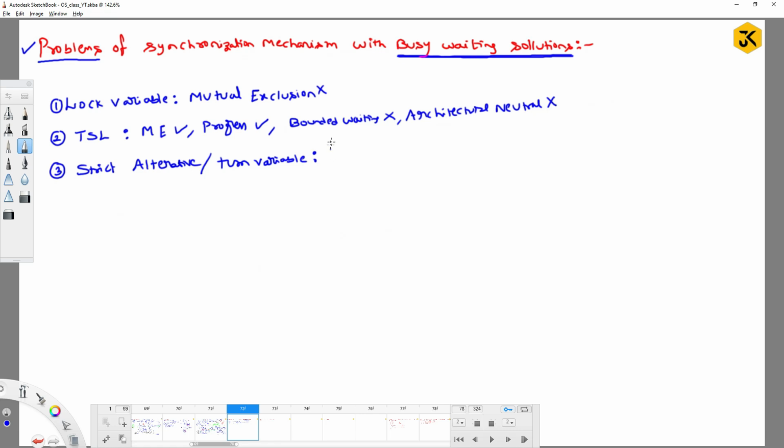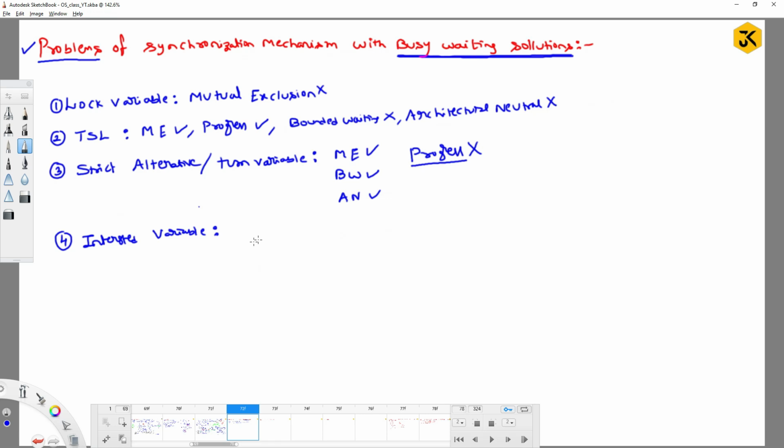This particular approach will satisfy mutual exclusion, bounded waiting and architectural neutrality, but not progress. Again, the problem here is progress is one of the primary goals of synchronization algorithms. That's why we'll move to another kind of algorithm, that is the interested variable approach.